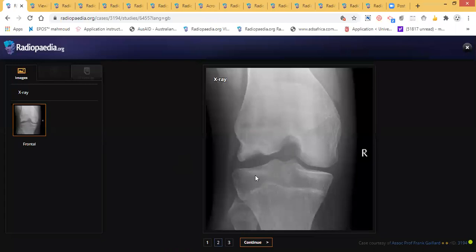Let's have another look at this case. Yes, so this one, to be honest, can come in other views. Sometimes it comes easier than this. This is OCD, osteochondritis dissecans, maybe in a later form.